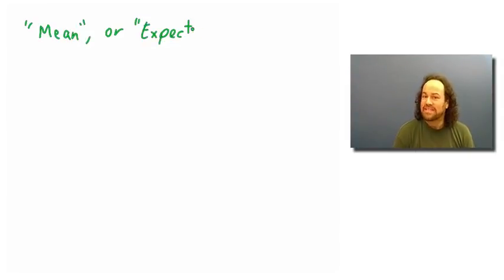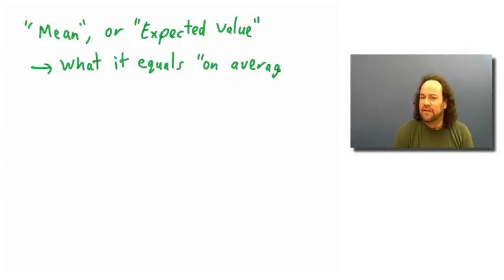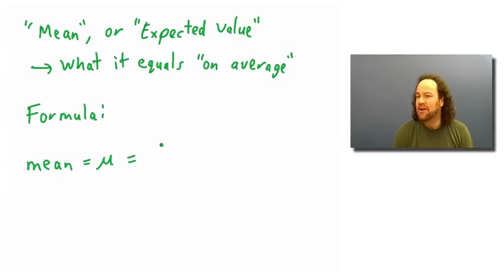Now, once we're talking about these random variables, we can talk about other quantities related to them. For example, we can talk about their mean or their expected value, which is what number they equal on average. There's a simple formula for computing the expected value of a random variable x. You just add up all the possible values multiplied by all the probabilities that x equals that value.